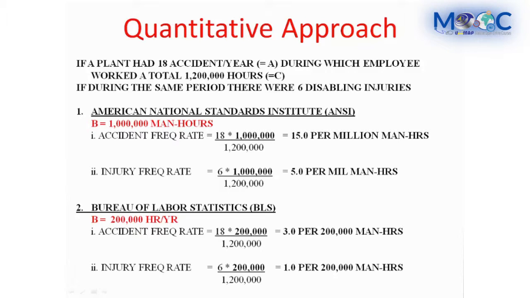Using the ANSI standard, the frequency rate for accident and injury would be 15 per million man-hours and 5 per million man-hours respectively. Since the basis of BLS standard is 1/5 of the ANSI standard, the frequency rate using BLS standard would be 1/5 of the ANSI standard.